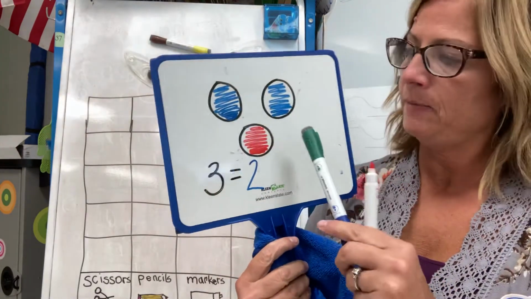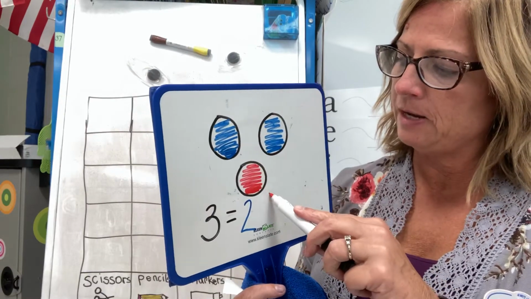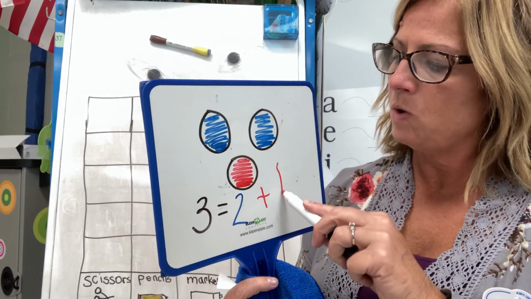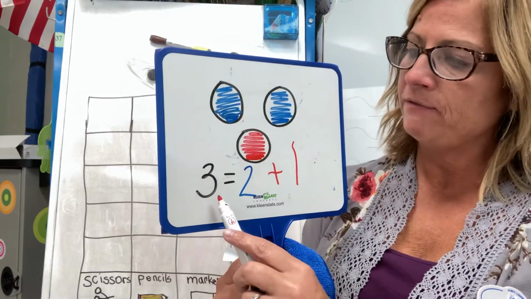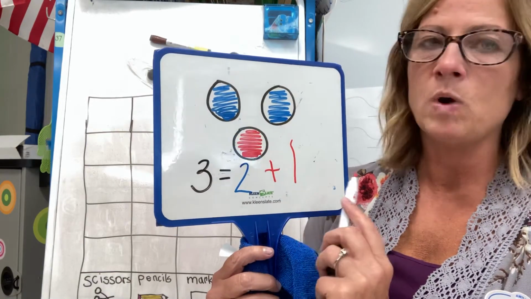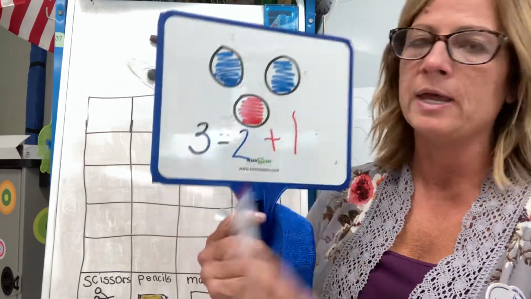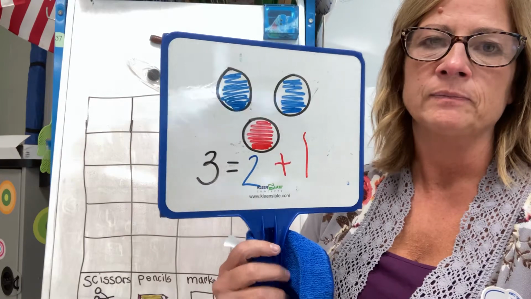And then how many are red? That's right, so we're going to add 1 red. So we have 3 is the same as 2 and 1. We have 3 circles, 2 are blue and 1 is red. Okay, good.